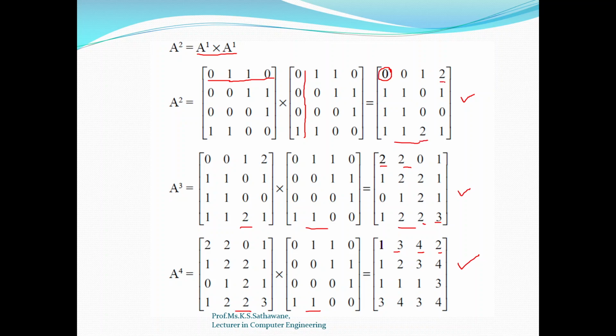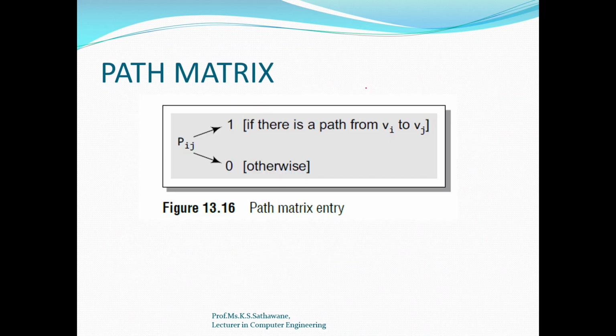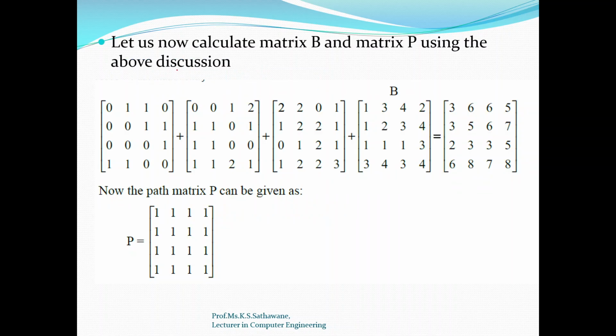So what we will do is create a matrix B in such a way that we write 1 if there exists a positive value, or there exists an edge between Vi and Vj, let it be a direct path or an indirect path. If there exists a path between Vi and Vj, then it will have the value 1, otherwise 0. So let us now sum up all the matrices.